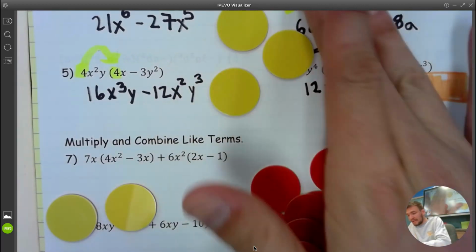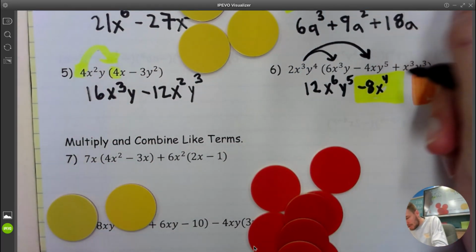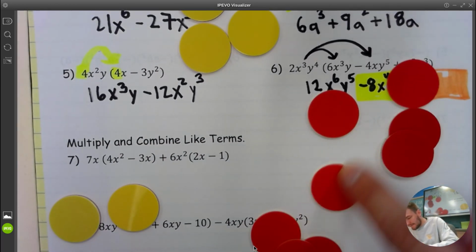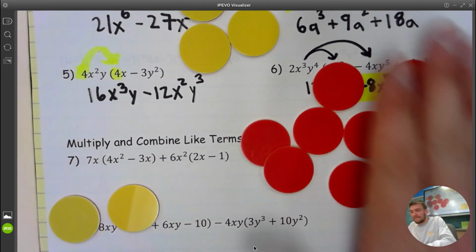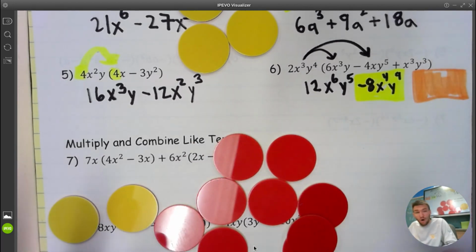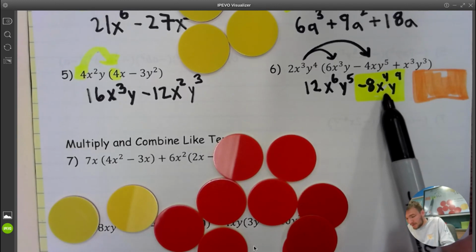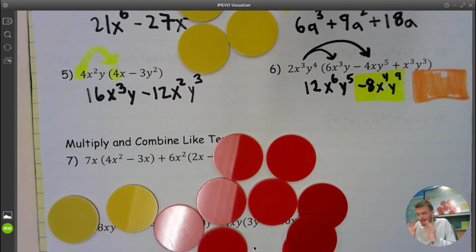He ended up with 4 x's, x power 4, and 1, 2, 3, 4, 5, 6, 7, 8, 9 different y's. Y power 9. And all we had to do, 3 plus 1 makes 4. 4 plus 5 makes 9. Literally kindergarten addition.